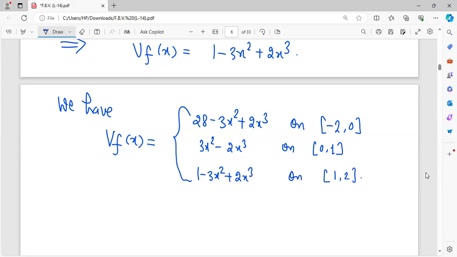I include 0 twice and 1 twice because I know the function is continuous, as f is a polynomial and polynomial functions are continuous. If I calculate Vf at 0 from the above interval, it will give the value 28. And if I will, one minute, let me check it. f(1) minus f(0).